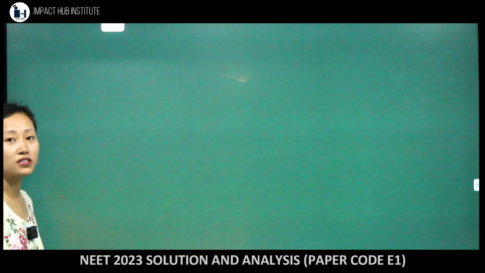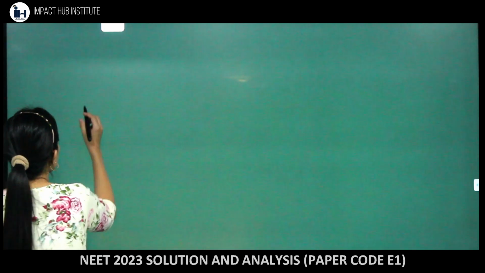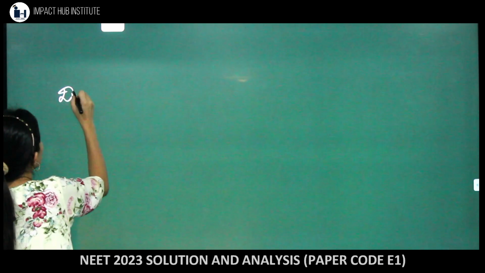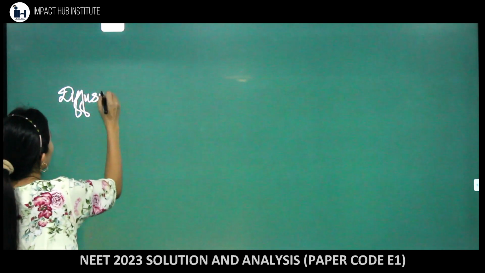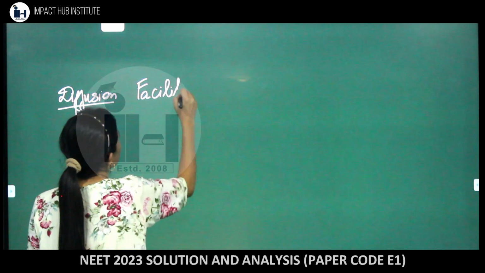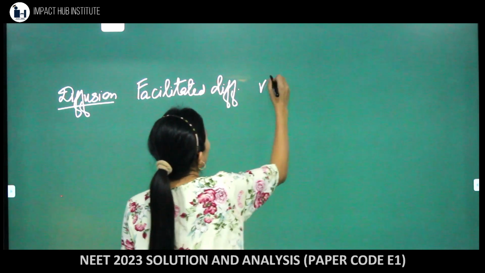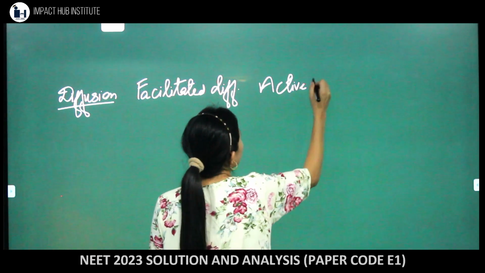In order to understand short distance transport in plants, there are three terms we have: diffusion, then facilitated diffusion, then the other one we have is active transport.